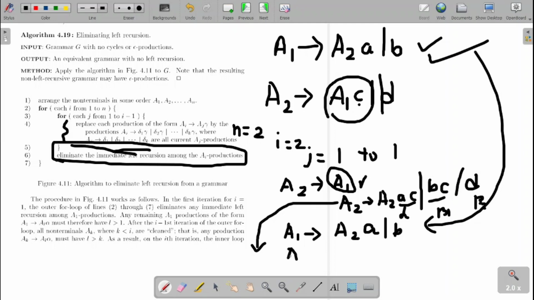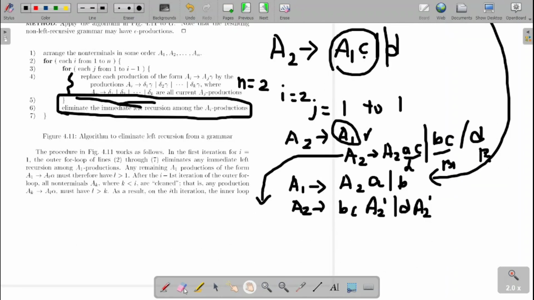A2 derives beta 1. What is beta 1? BC, so BC A2 dash, or beta 2. What is the beta 2 over there? D A2 dash. Fine. Then next, A2 dash derives alpha.